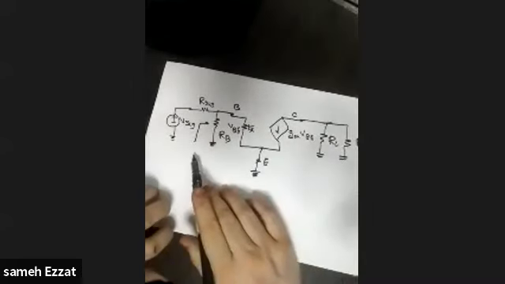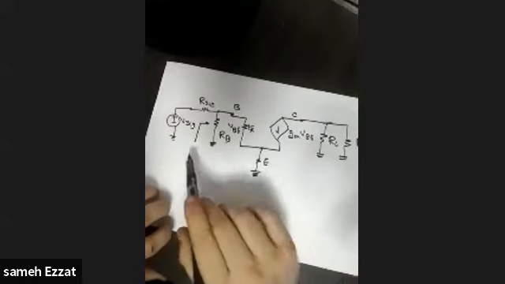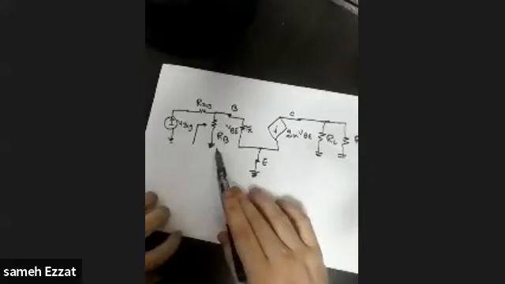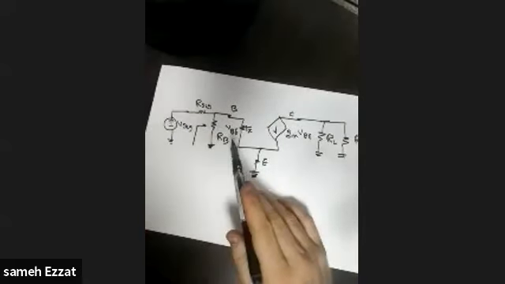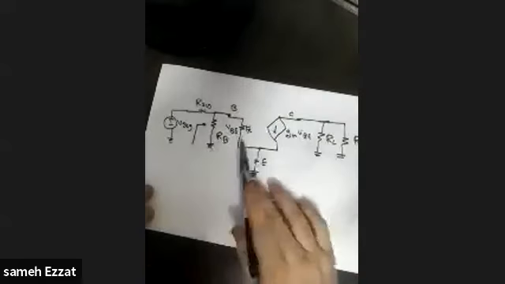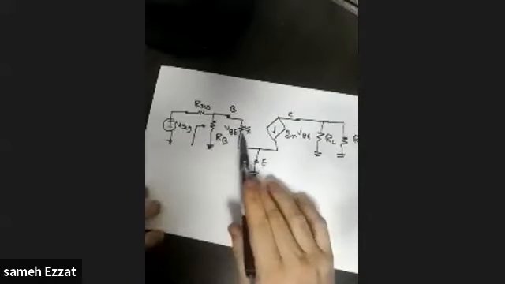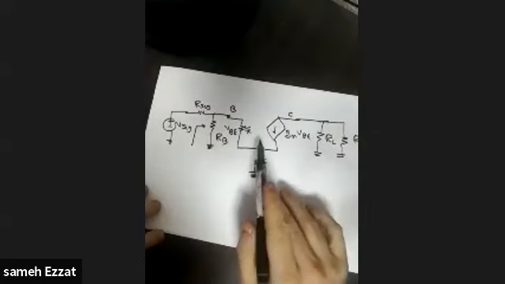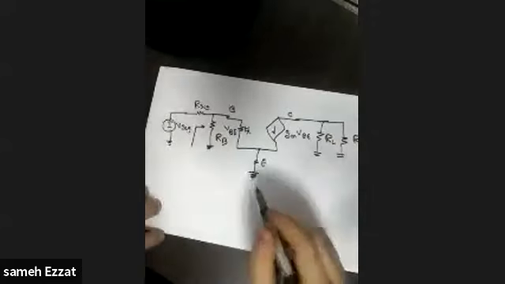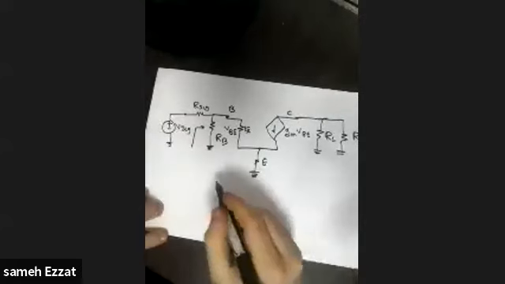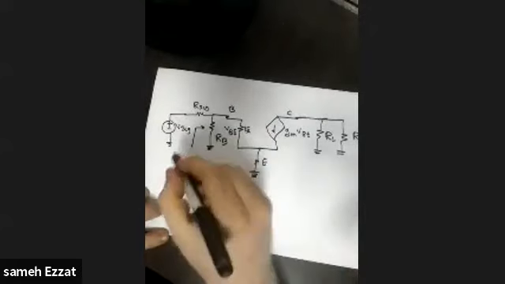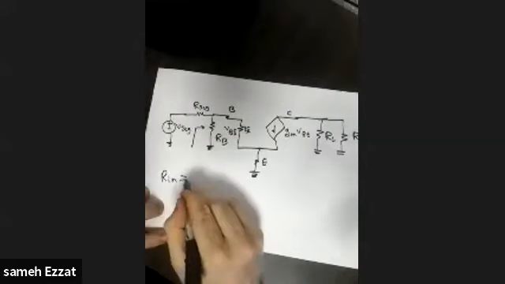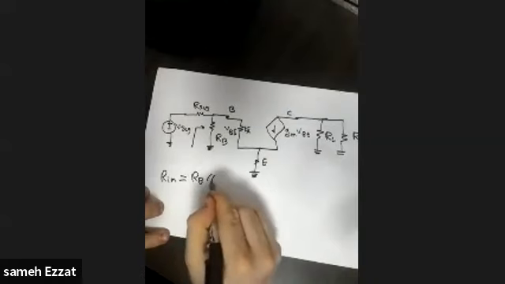What is the input resistance? As you can see, simply you have two resistances in parallel. You have the R capital B resistance and you have the R pi resistance. These are the two resistors in parallel. So R in, or the input resistance, is simply RB parallel with R pi.